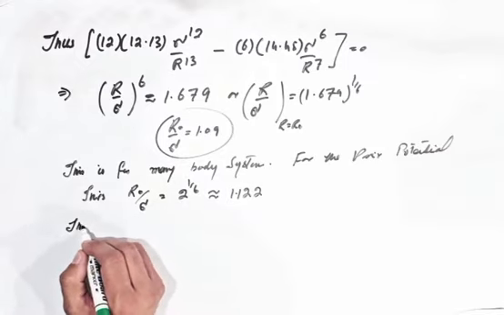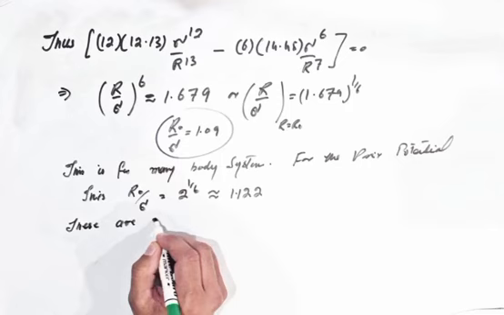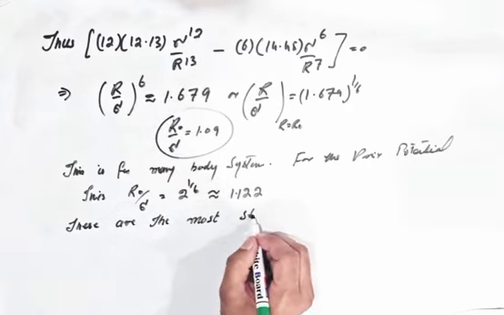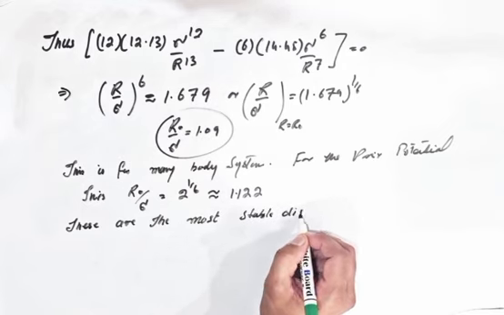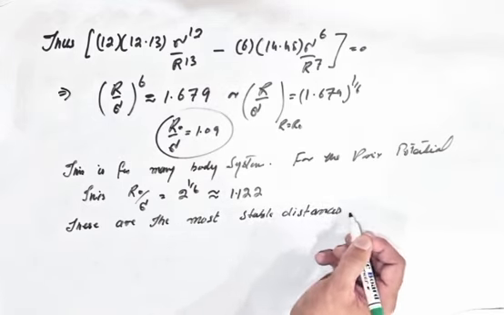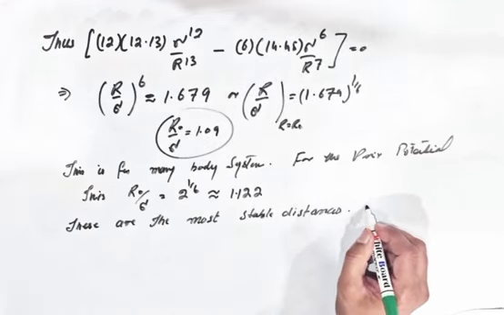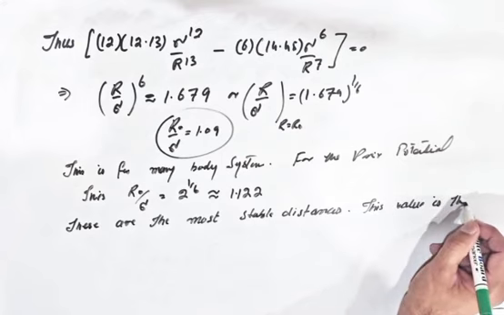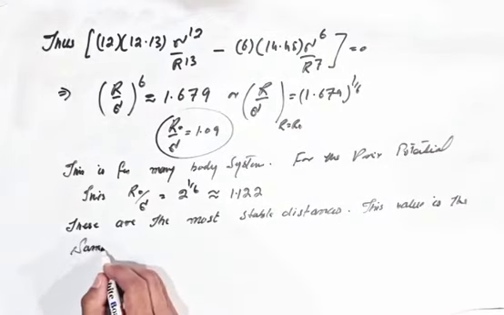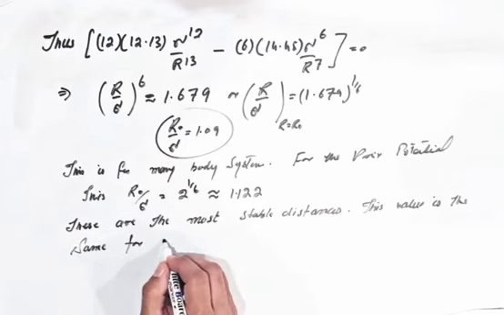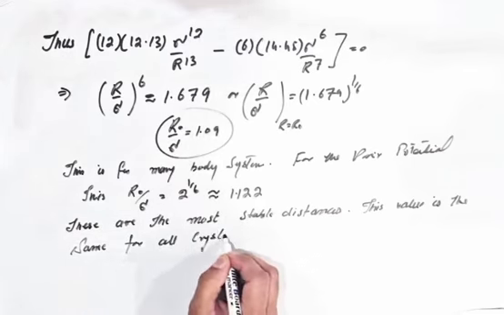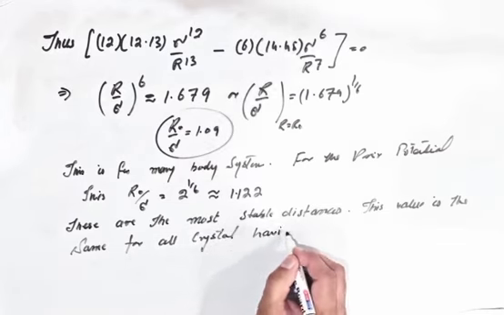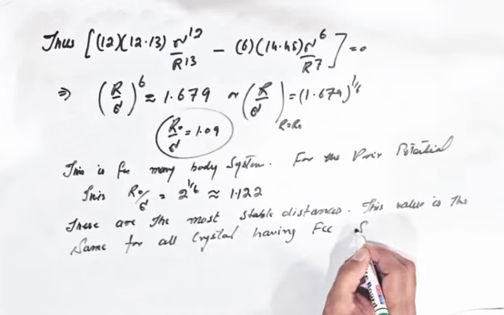These are the most stable distances. This value is the same for all crystals having FCC structure.